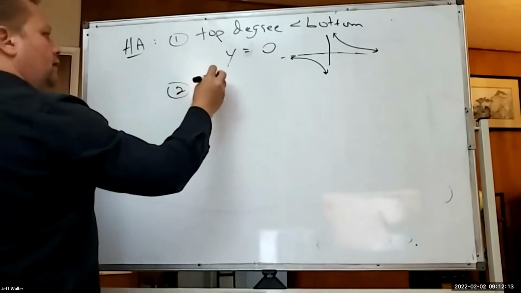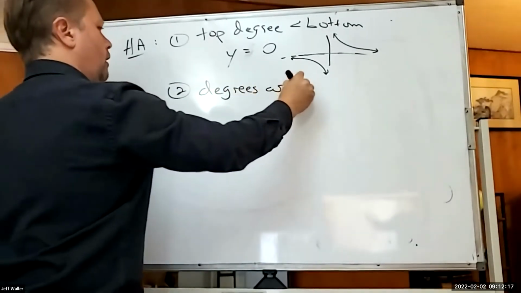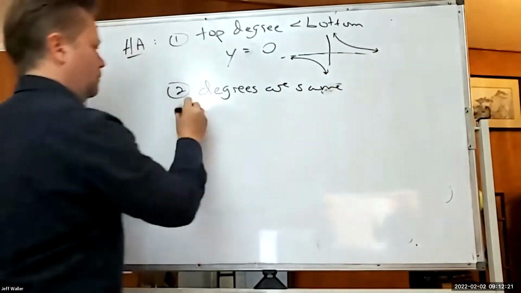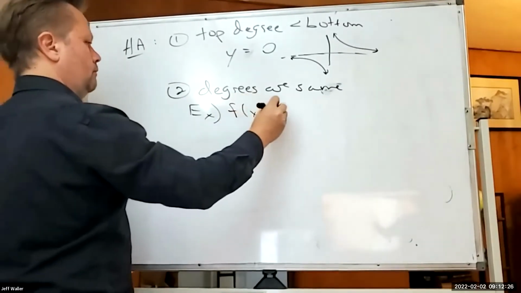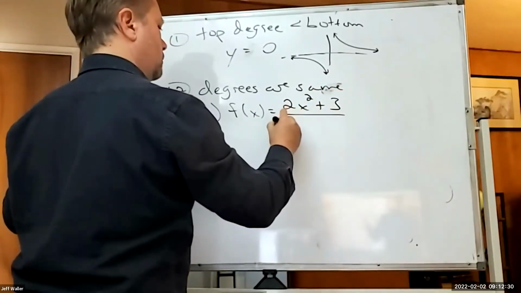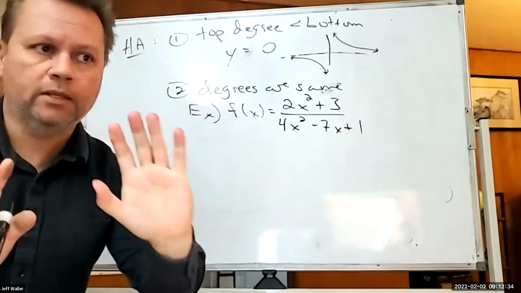If the degrees are the same, top and bottom, what happens? Anybody remember this?